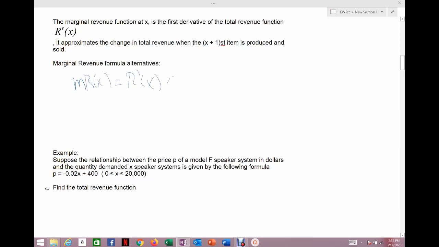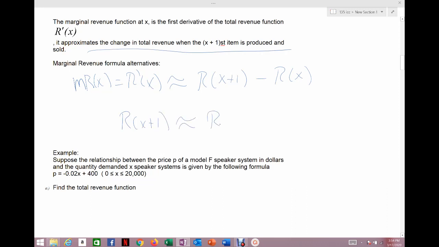It approximates the additional revenue when they produce the next item. So it's the difference in the revenue at one more item from their current level, where x would be their current level of production. They're going to produce one more, and marginal revenue finds the difference in those two. Or, like before, we can use it to approximate the revenue at that one additional item.